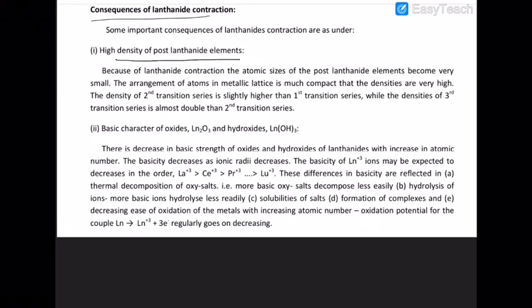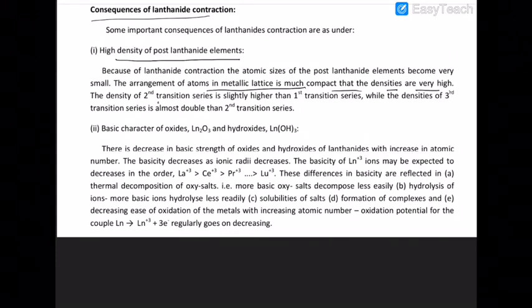Because of lanthanide contraction, the atomic size of post-lanthanide elements becomes very small. So pre and post lanthanides have the same atomic size. The arrangement of atoms in a metallic cluster is much more compact, then the density becomes very large.